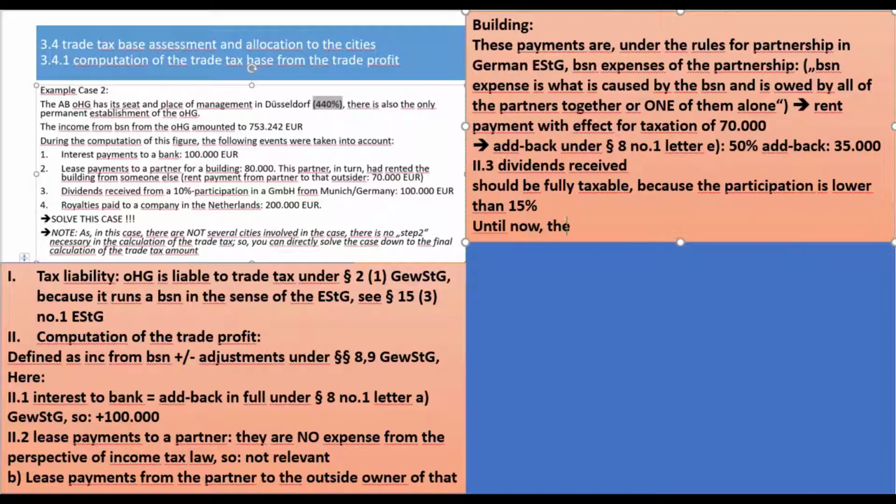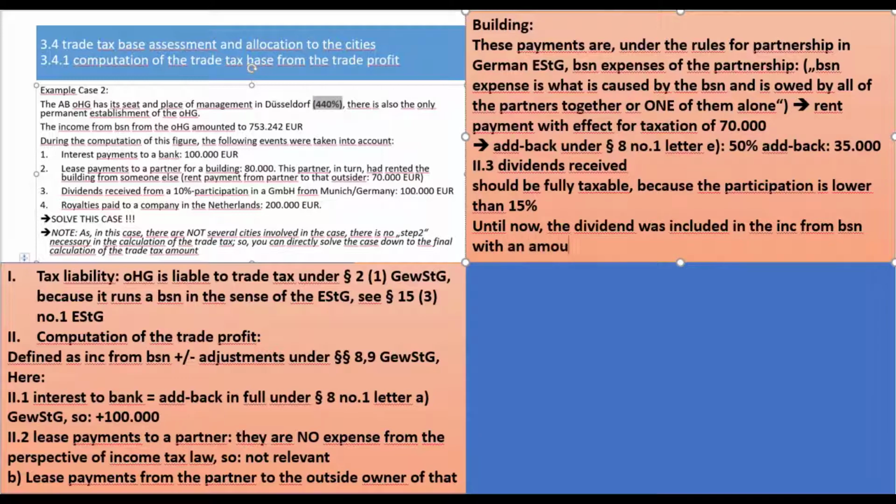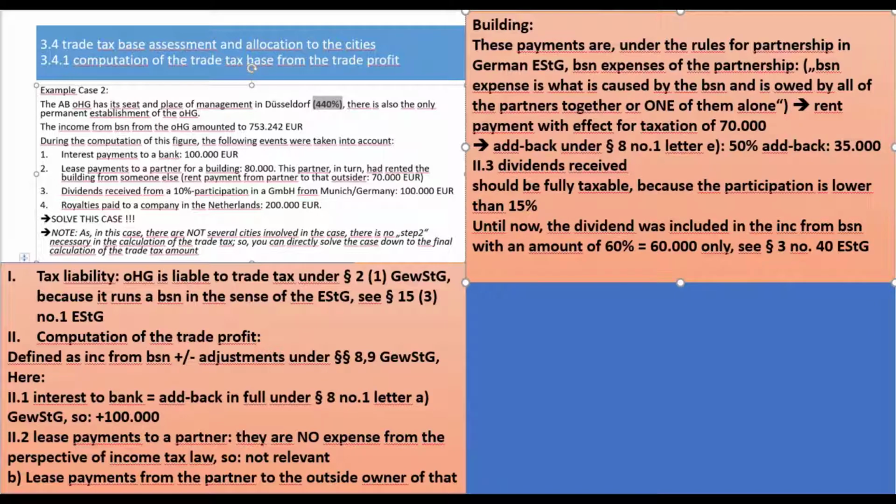Until now, the dividend was included in the income from business with an amount of 60%, that is 60,000 only, because of the rule of 3 number 40, the 60-40 rule, that 60% of dividend only are taxable, 40 are tax-free under income tax. You remember that.